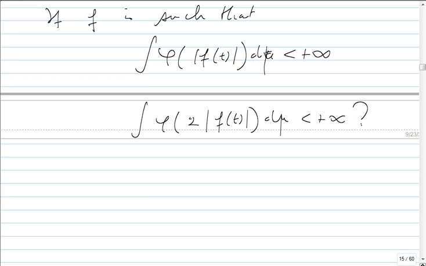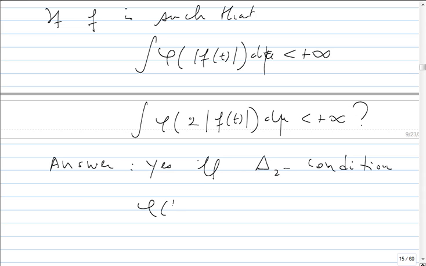When the answer is yes, it is yes if and only if what we call the delta 2 condition holds. So the integral of phi of f is finite if and only if the integral of phi of 2 times f is also finite. This is what we call the delta 2 condition.